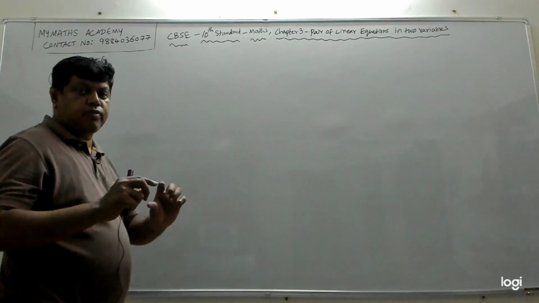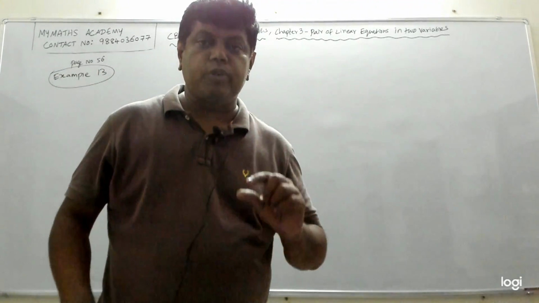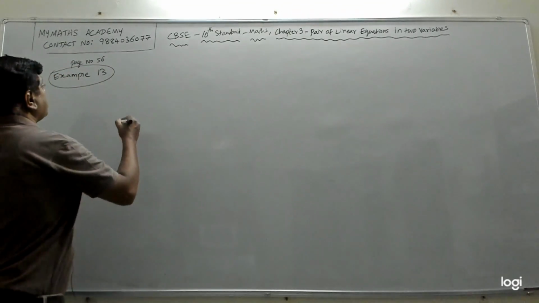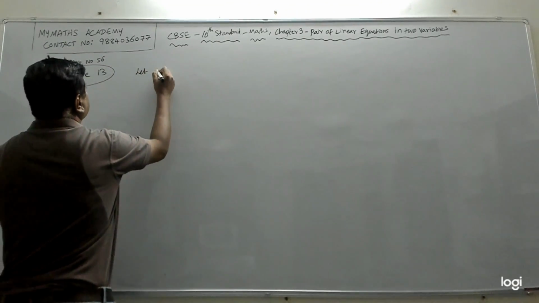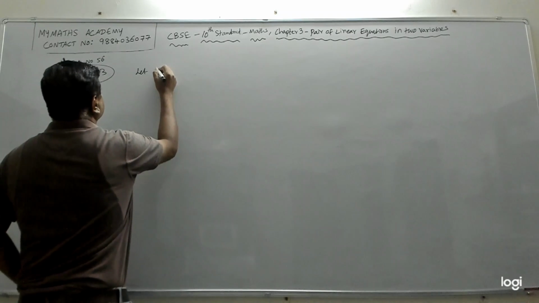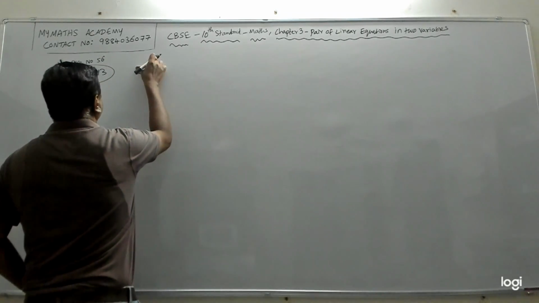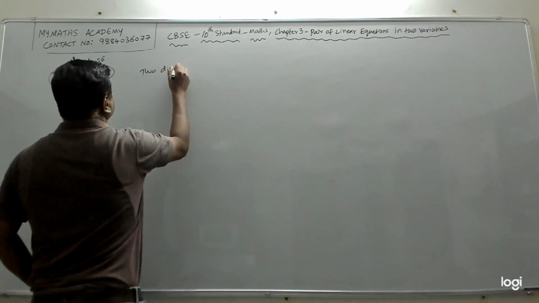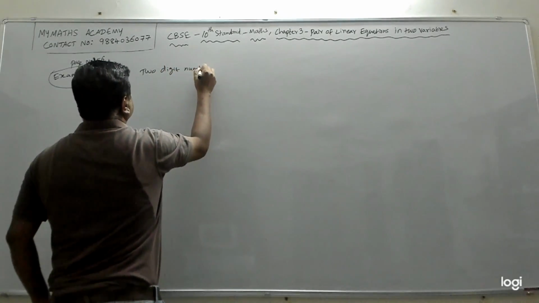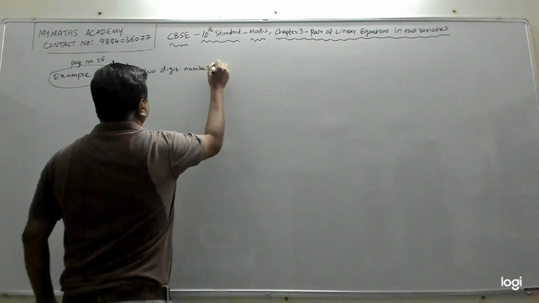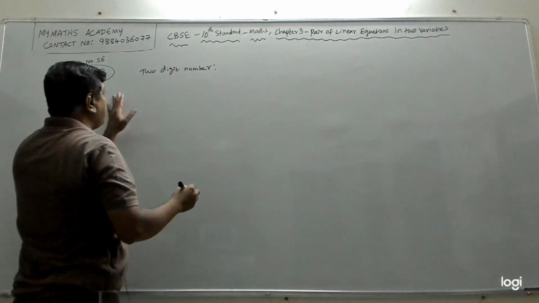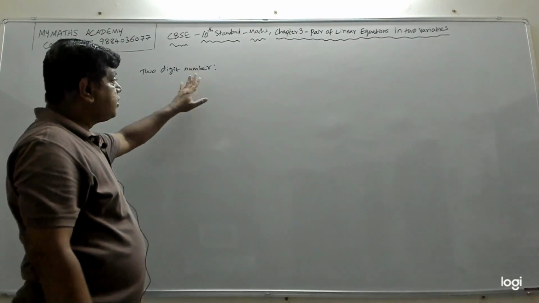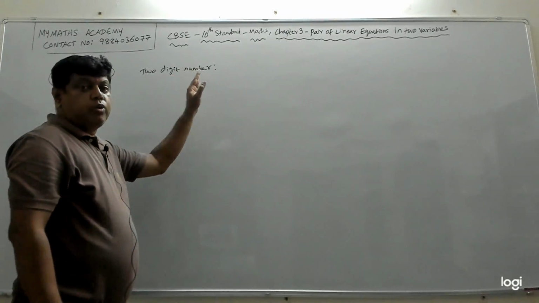The moment you see the word 2-digit number, we should define the tens digit first. So we'll write the 2-digit number, put a colon, and then immediately define what this tens digit and what this units digit is.